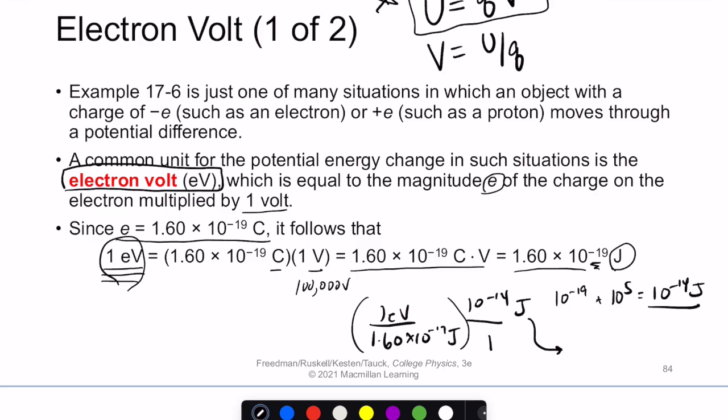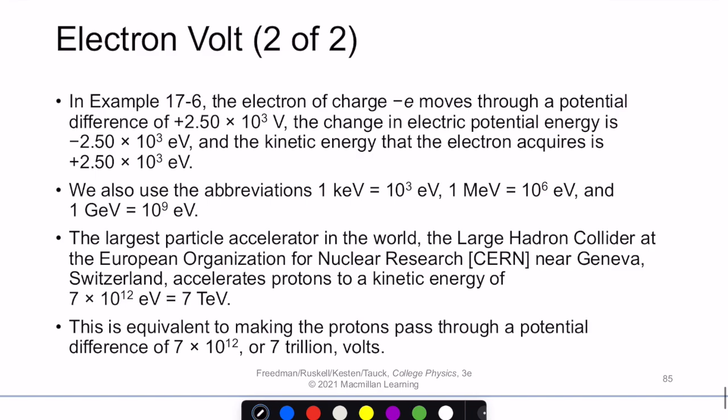Just plugging that into my calculator right now, I get a much more manageable number, about 62,000 eV. So it's a number that has a little bit more meaning to it because it's not some crazy small number. The other fact is that this number is related to an electron, or a particle with the charge of an electron. And that's what this text is basically explaining.